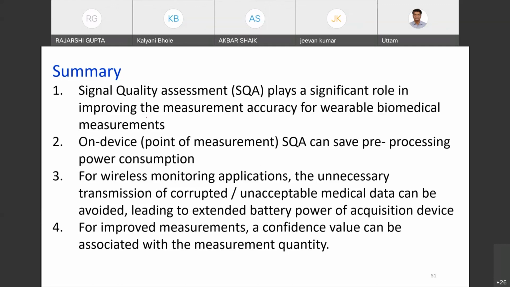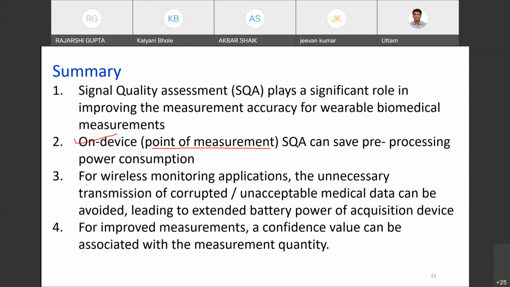Now, the second point I discussed is that on-device, point of measurement SQA can save pre-processing power consumption. So for any further automatic measurement, if we can do a signal quality assessment, then the unnecessary power of processing a signal can be saved, and this saving can contribute to the longevity of battery-driven devices.